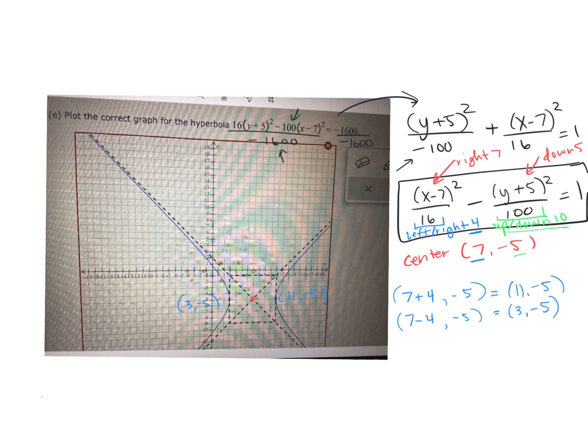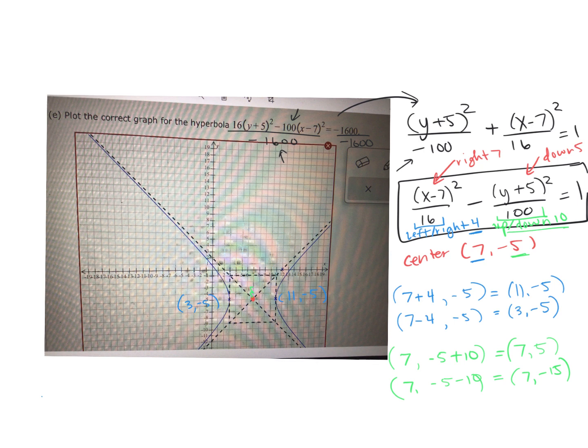And then for the next part, we're going to be affecting the y values. So the up and down 10 is going to affect that negative 5. So we're going to keep the 7, and we're going to say negative 5 plus the 10, and then negative 5 minus the 10, which is going to give me (7, 5) and then (7, negative 15). So I can see that's the error right now, that we're going to have to go up and down those 10 spaces.